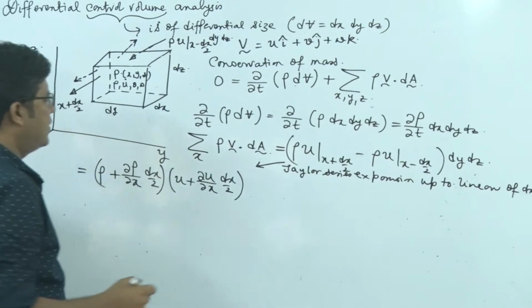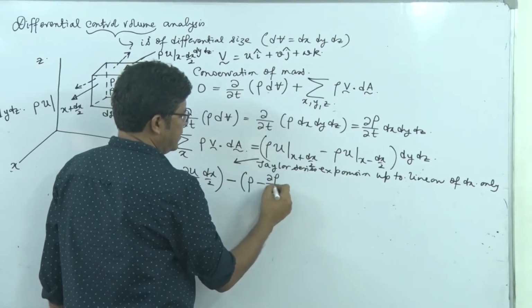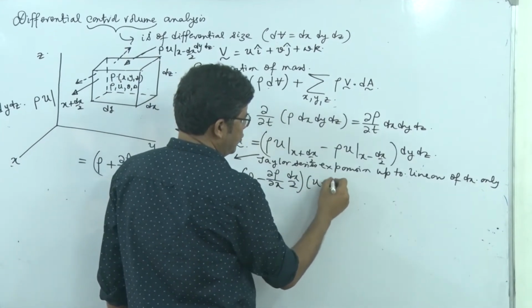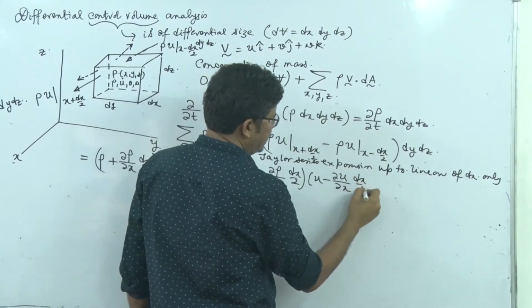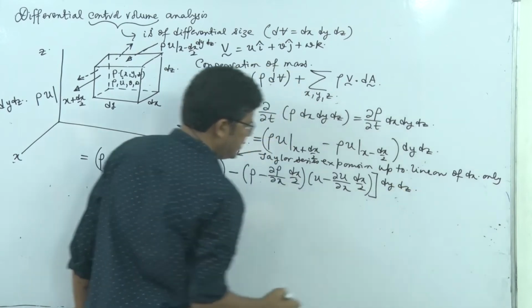So here it will be rho minus del rho del x dx by 2, into u minus del u del x into dx by 2, whole bracket, into dy dz.